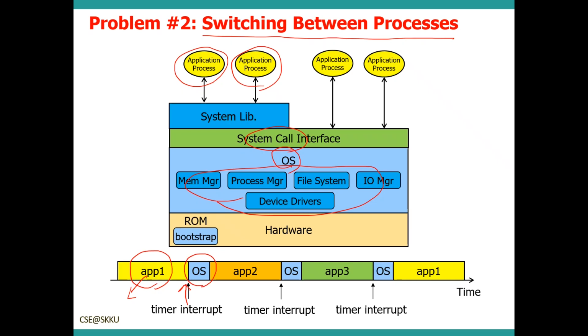Then the operating system can determine the switching between processes, so it can schedule another application 2. Then during the execution of application 2, there can be a timer interrupt. The operating system regains control and can schedule another process and so on.